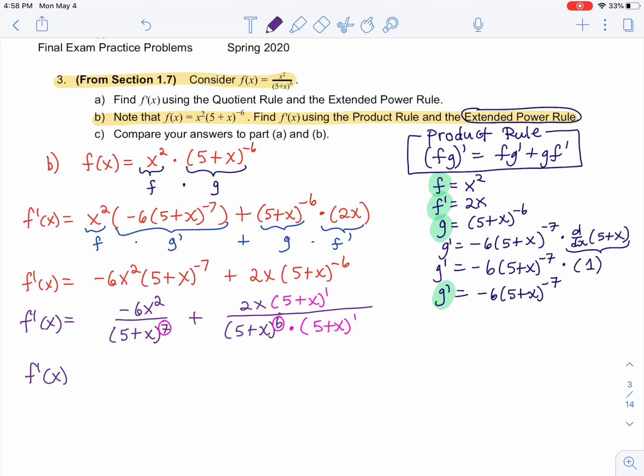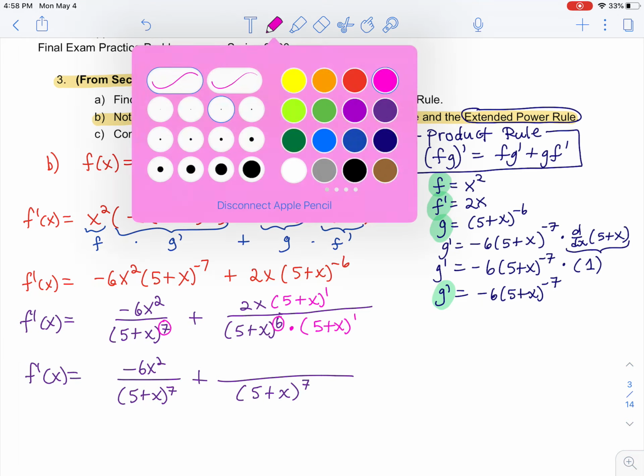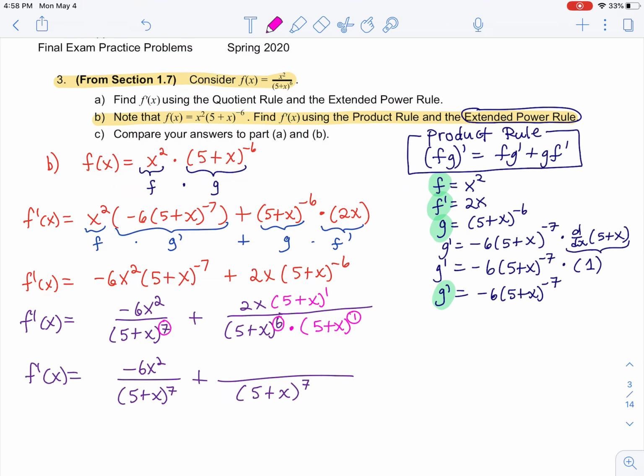And that will turn into f prime of x equals negative 6x squared divided by 5 plus x to the 7th power plus 2x times 5 plus x, over 5 plus x to the 7th power, right? Because if you add these two exponents, that will turn into 5 plus x to the 7th power.